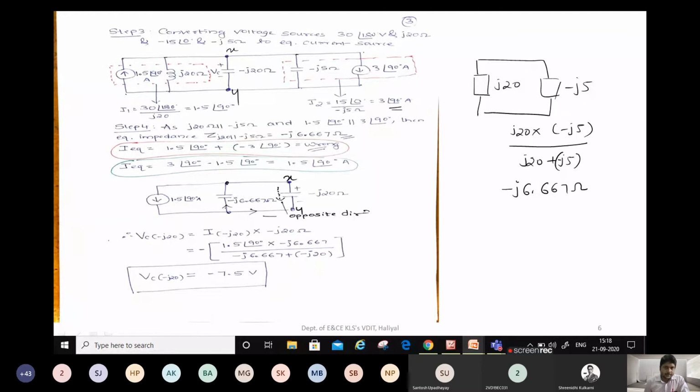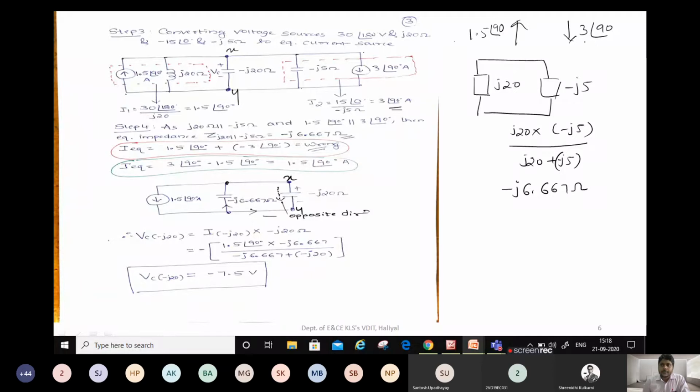So these are our values, and the two current sources we have: one is 3 at an angle 90, with the direction like this, and another current source which is in parallel, like this, 1.5 at an angle 90.